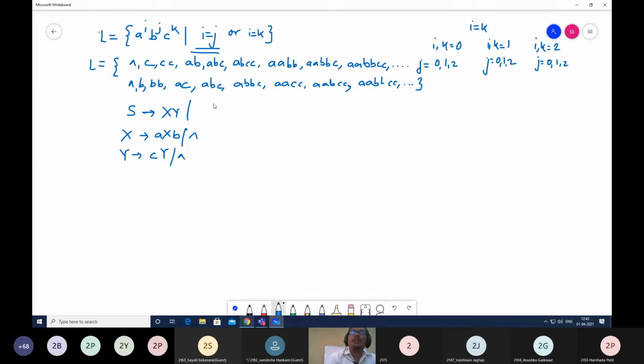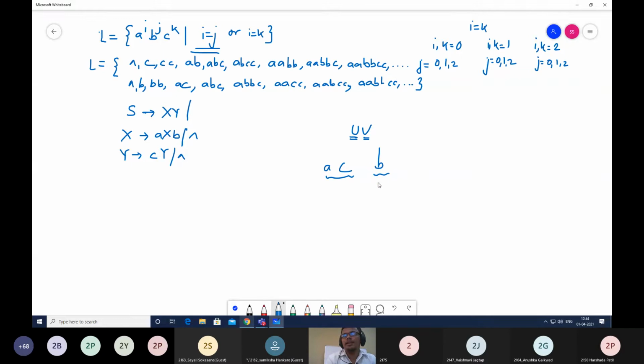Now my dear students, when we are writing i is equal to k, I cannot write here a pattern of something of the sort UV. Yesterday we had written something of the sort UV, right? Now if I take U for the pattern of A and C, and for V if I take the pattern of B, then in my string first I will get A's and C's, and then I'll get B's.